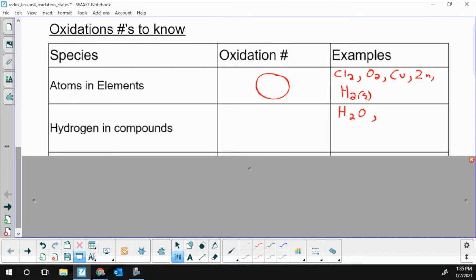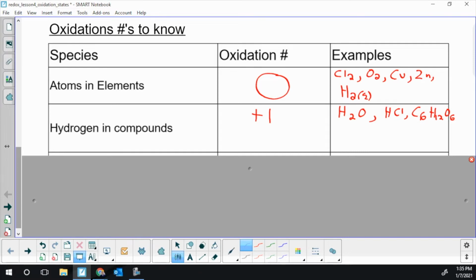So hydrogen with oxygen would be water, maybe HCl, hydrochloric acid, or something a little more complicated, a sugar, C6H12O6. As long as the hydrogen is in something with at least one other type of element, it's going to have an oxidation number of +1. So it wasn't a coincidence that we got +1 up above with methane. You know it's going to be +1 because hydrogen was paired up with carbon.